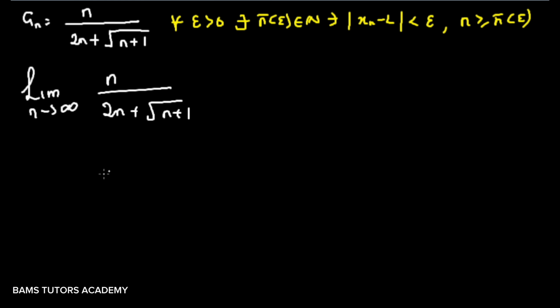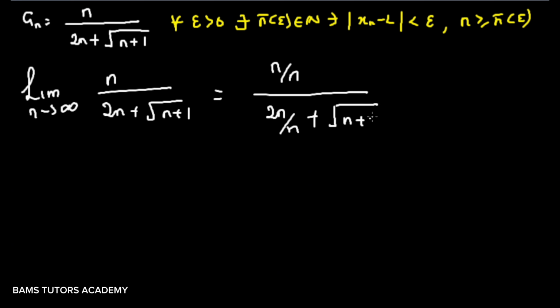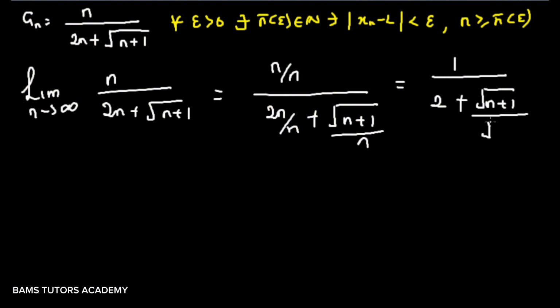Since the degree of the denominator and numerator is the same, I'll just divide by the highest degree. So I'll say n over n over 2n over n plus the root of n plus 1 over n. This gives me 1 over 2 plus, and this is the same thing as writing the root of n plus 1 over the root of n squared.